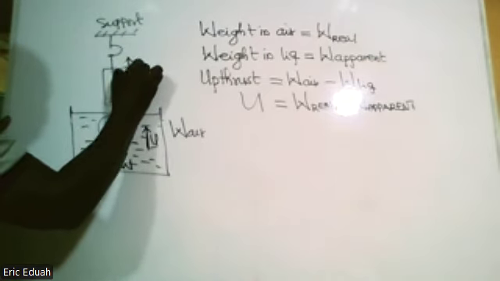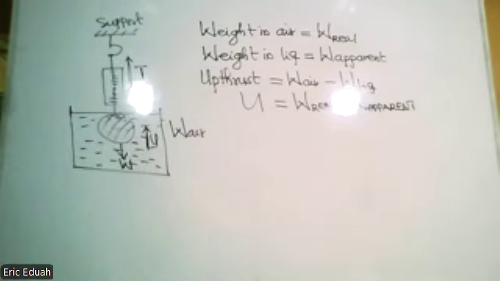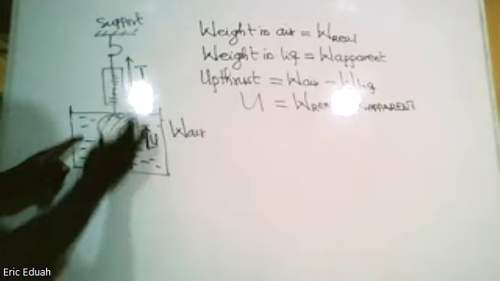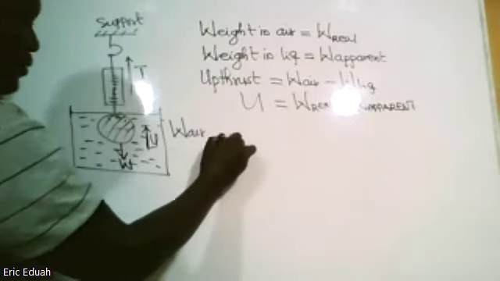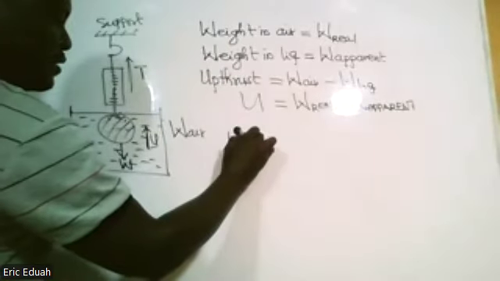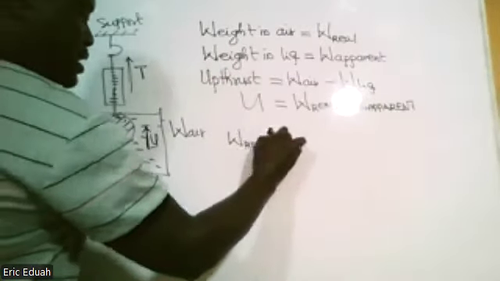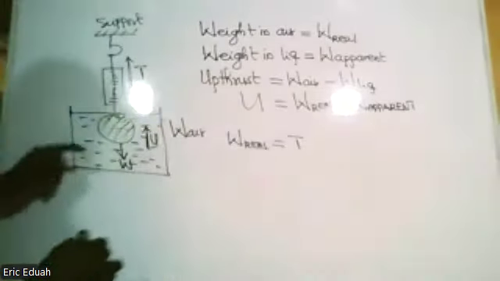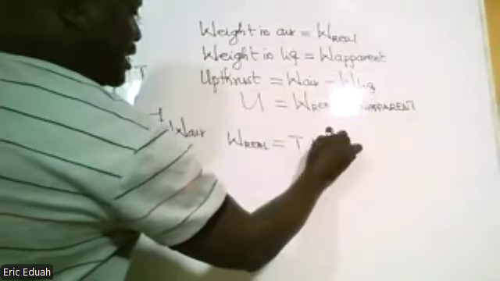So when you sum up total forces upward and downward, the real weight of the body is equal to the tension in the spring plus the upthrust.